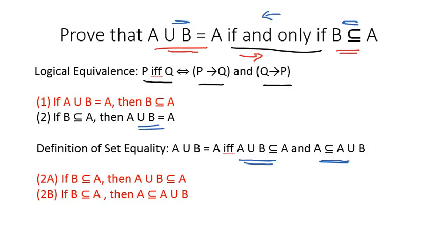From part 2 we really have two other things to do. We've got to do part 2A, show that if B is a subset of A, then A union B is a subset of A. And we also have to show that if B is a subset of A, then A is a subset of A union B. So to do this proof there are three proofs that have to be completed: Part 1, Part 2A, and Part 2B.